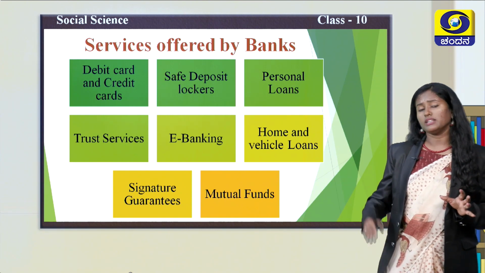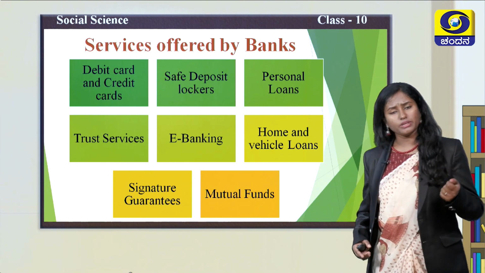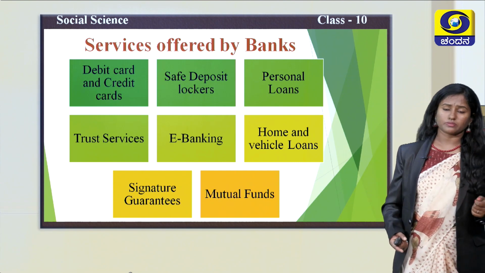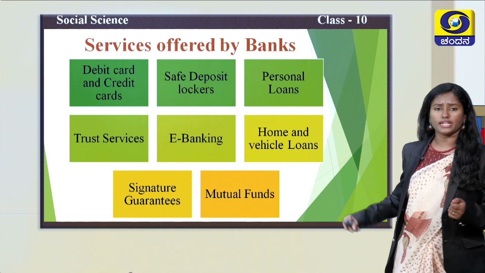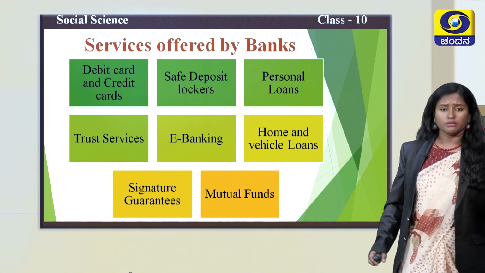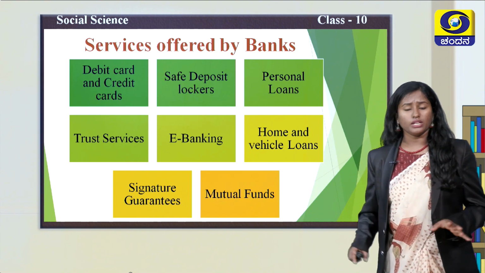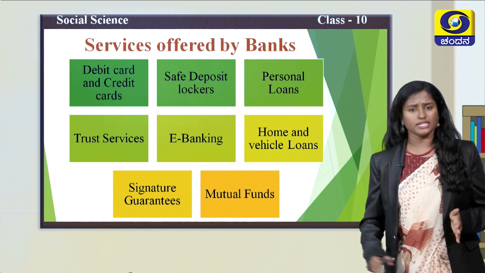Next comes the credit card. The credit card is provided by the bank to its customers so that they can repay the amount later, even if they do not have sufficient balance in the account. For example, Mr. Ravi is going to buy a washing machine in a mall, and he does not have sufficient balance in his account.